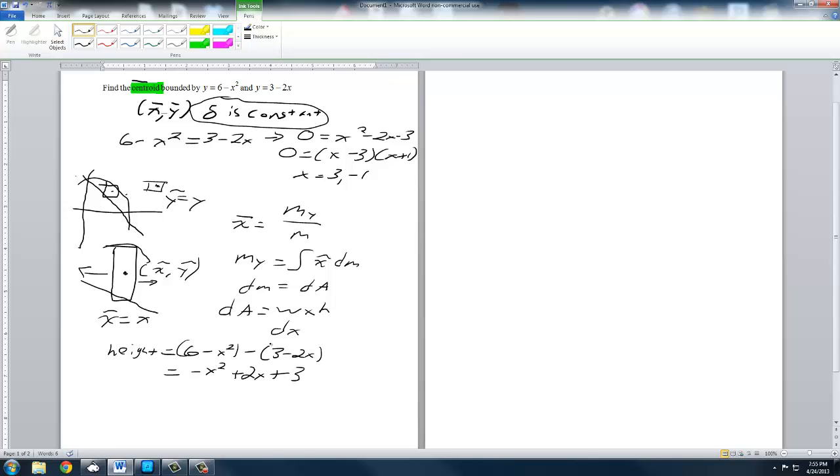That's the height. So therefore, dA, which is equal to x, negative x squared plus 2x plus 3, all times the change in width, dx. And by the way, since dm is equal to dA, this is also equal to dm.